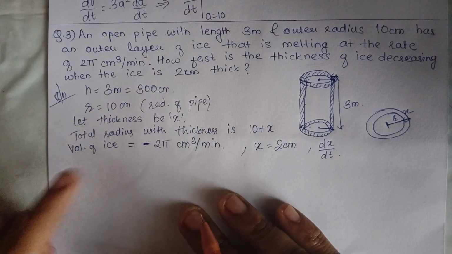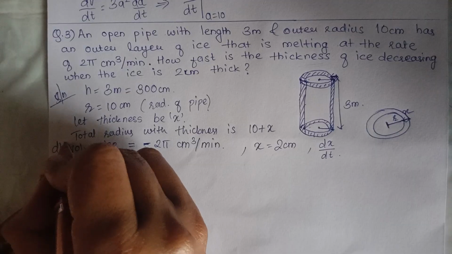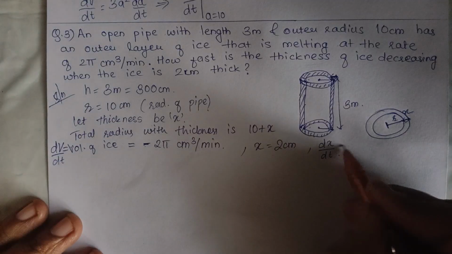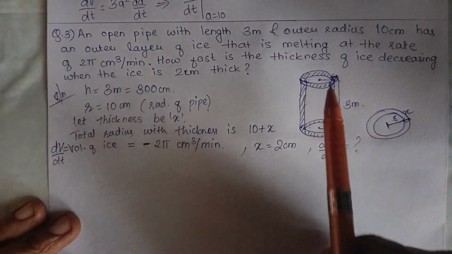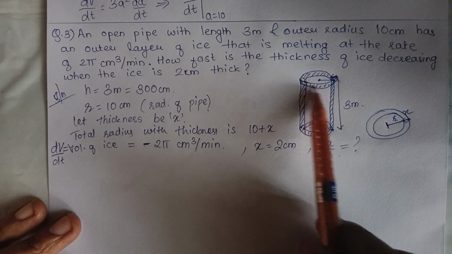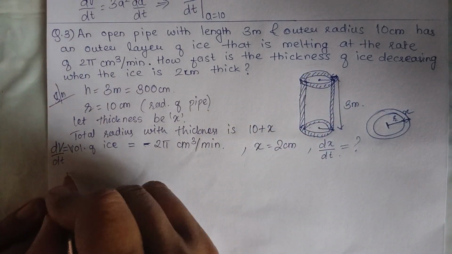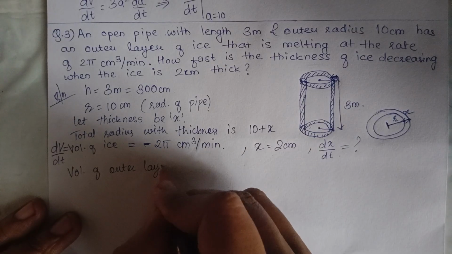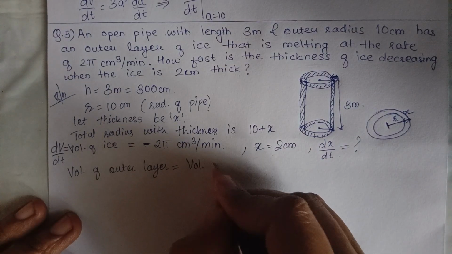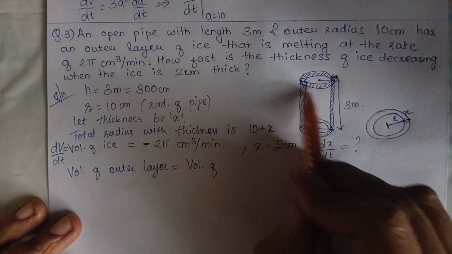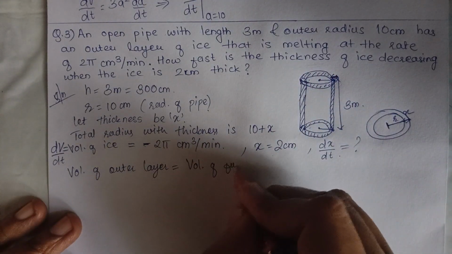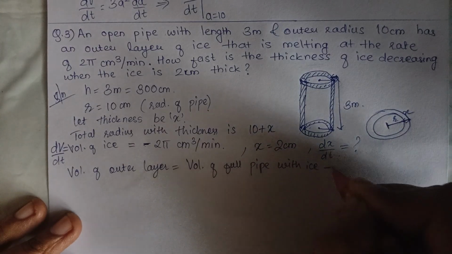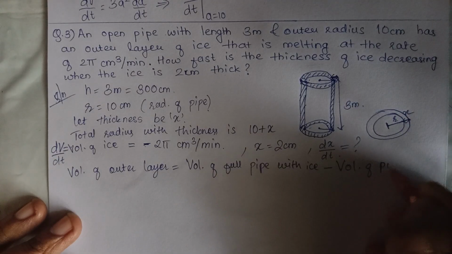This is change in volume, so we write dV by dt. You have to find this. What will be the volume of the outer layer? It is the volume of the full pipe with ice minus the volume of the pipe.